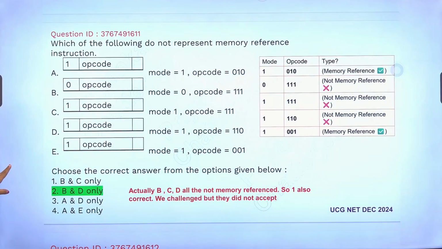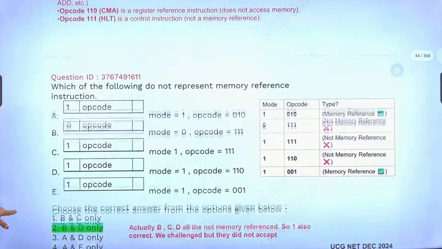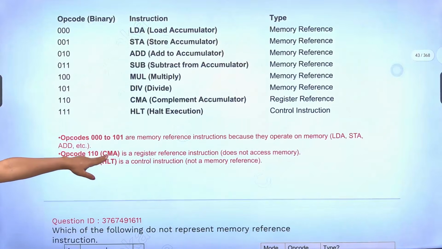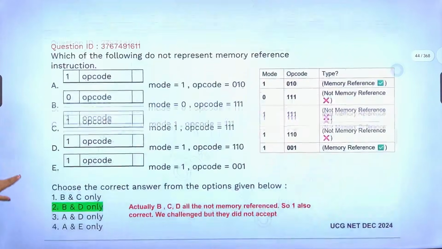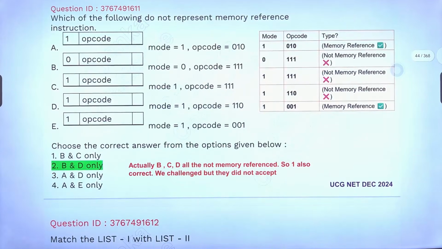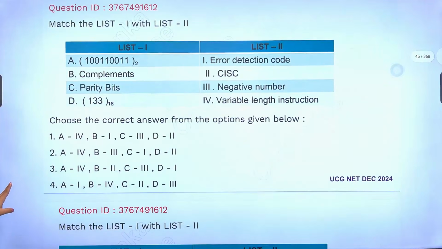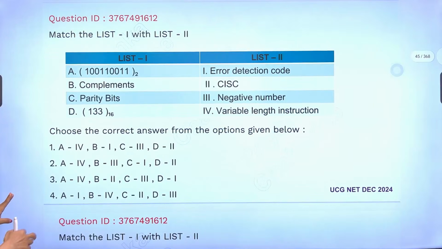And 110 is also not a memory instruction, that is a CMA. So actually the correct answer should be B, C, D, but the answer is given as B and D. You should know the concept. They did not accept, but that does not mean that we will learn a different concept. Concept clear to everyone?